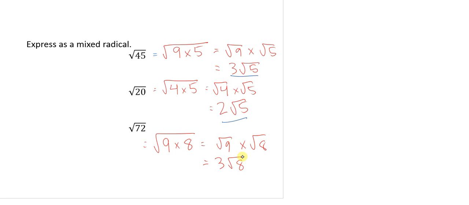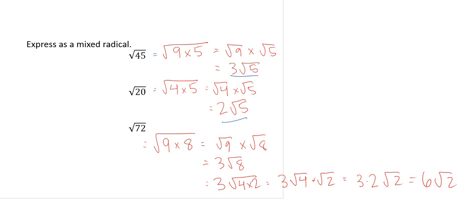You might think that you're done here, but actually, if we think about root 8, it can be split apart as well. So we could write this as 3 times root 4 times 2, which is equal to 3 times root 4 times root 2. And we know that the square root of 4 is equal to 2. So we get 3 times 2 root 2, and that's 6 root 2.